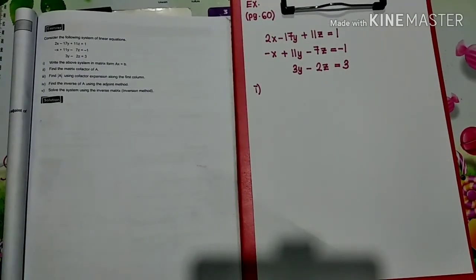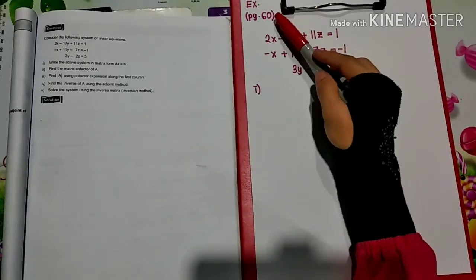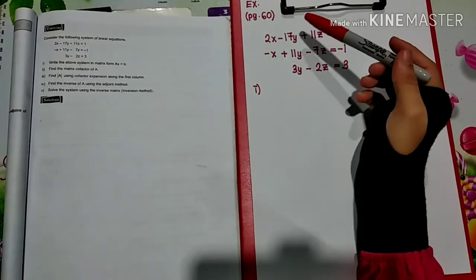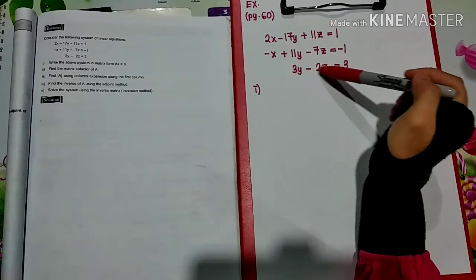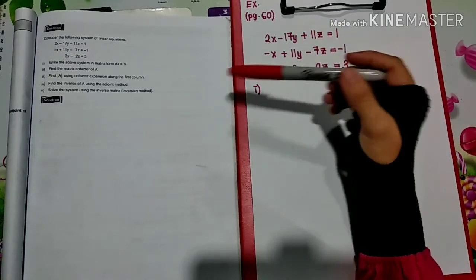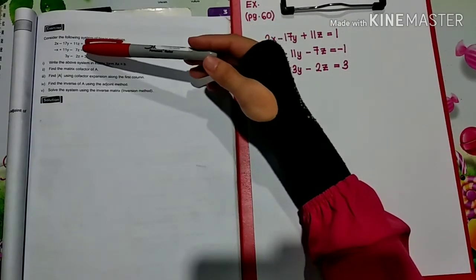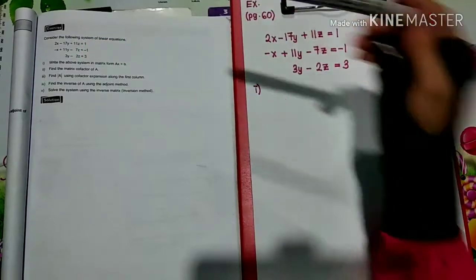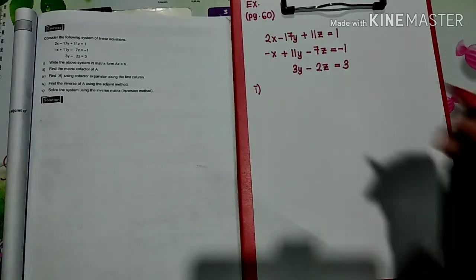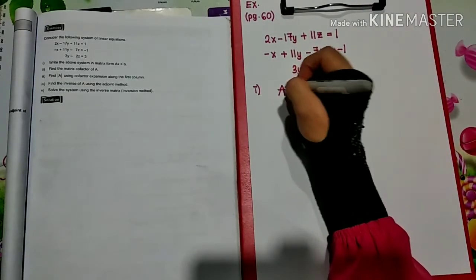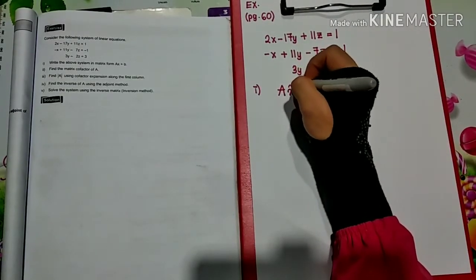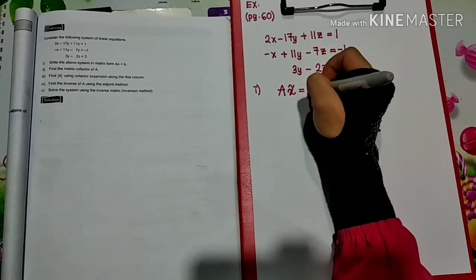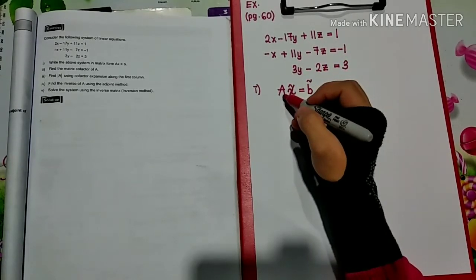Okay, we try to solve the exercise on page number 60. Alright, so you are given the system of linear equations here. The first question asks you to write the above system in matrix form. That means we need to write it in the form AX equal to B. So what is A here?